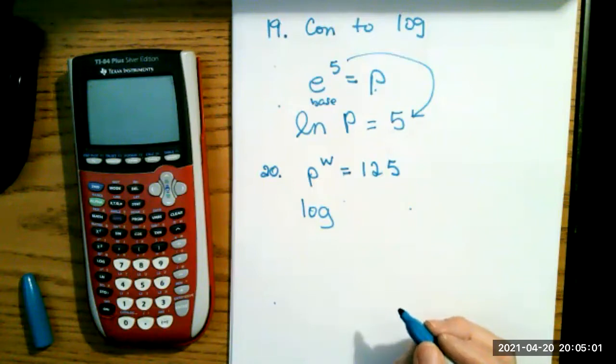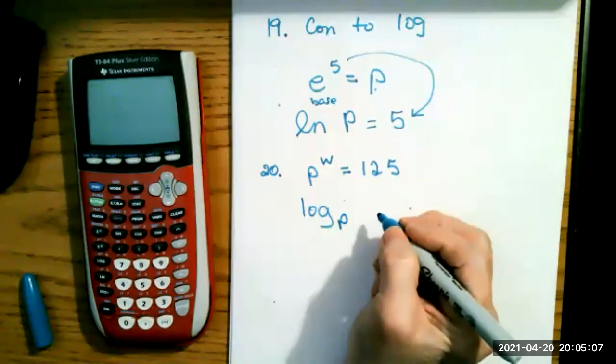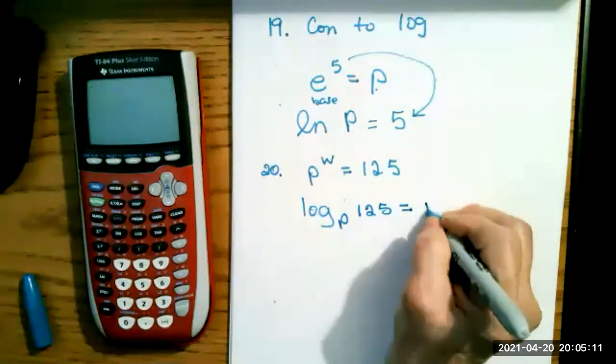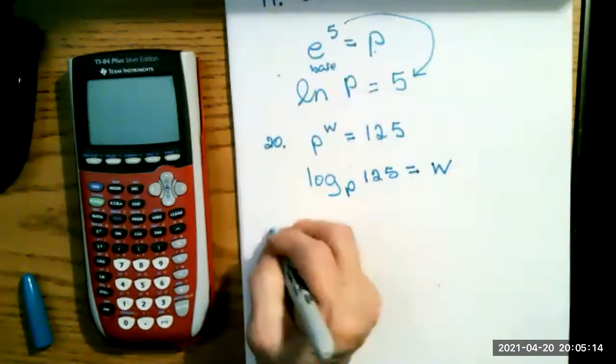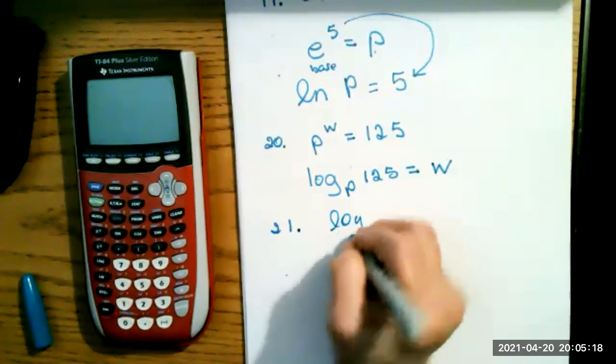What is your base? P. What's your big log number? 125. And what's your answer? W. That's your exponent.